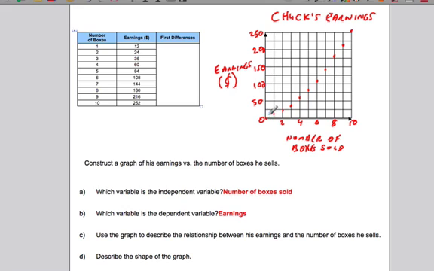So what we have is 3 different regions. Here is the first region, the first 3 values, where the slope is not very steep. Then there's an increase when he earns $24 per box, and then there's a greater increase when he earns $36 per box. So the shape of the graph here is nonlinear.